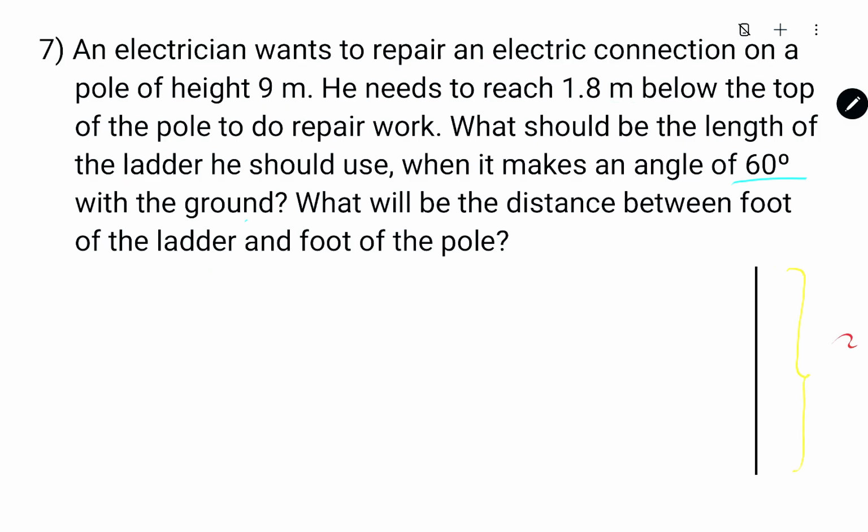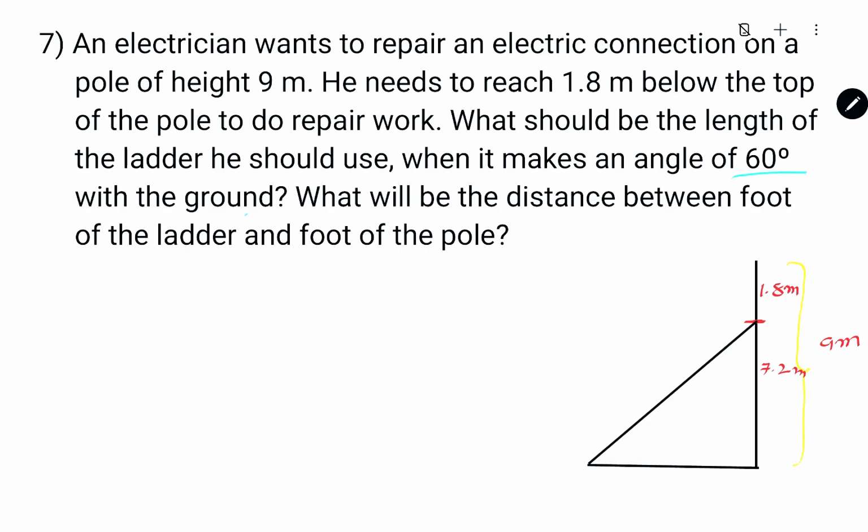The height of the pole is 9 meters. The electrician wants to reach 1.8 meters below the top of the pole. Suppose here we assume from the top of the pole to here is 1.8 meters, and subtracting 9 minus 1.8 we get the remaining 7.2 meters.